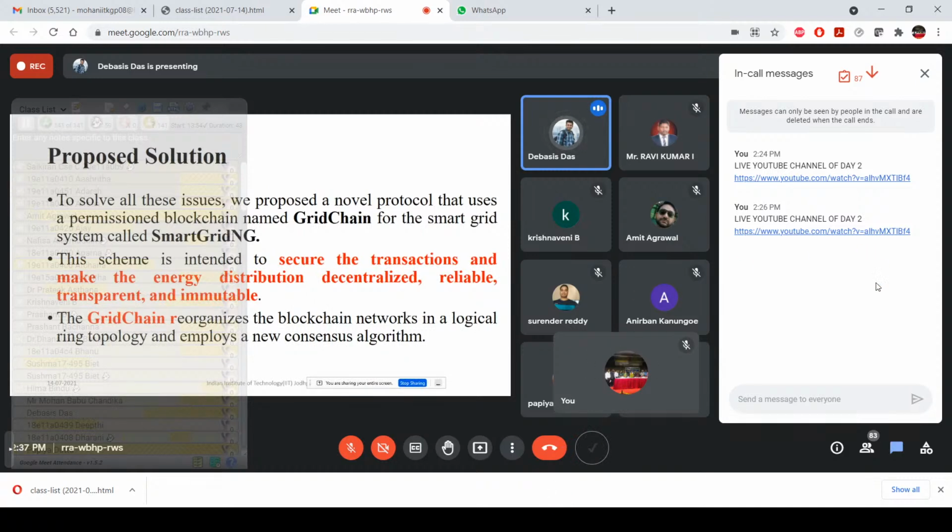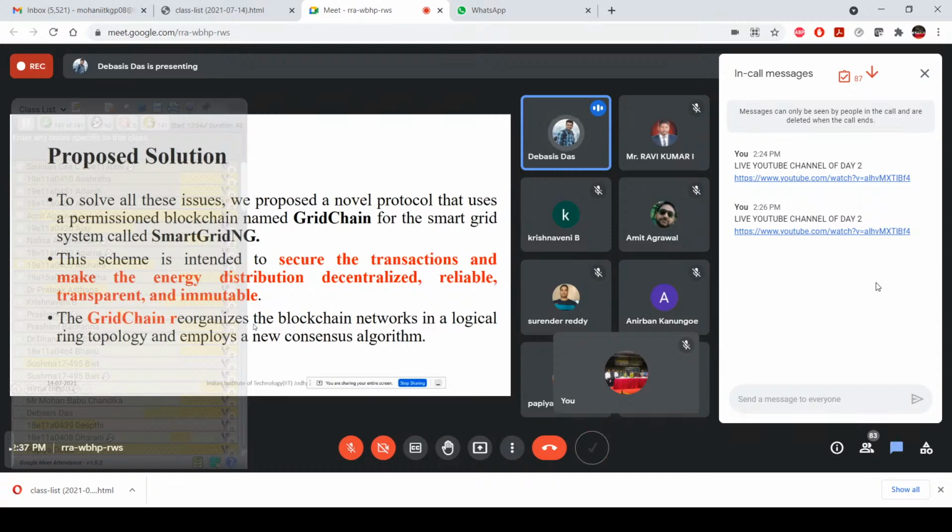Our objective is to increase the number of transactions and lightweight execution, because the smart meter is a small device. In the smart meter, we only include IoT type devices for computation, or an IoT type microcontroller. That's why we modified our blockchain protocols.